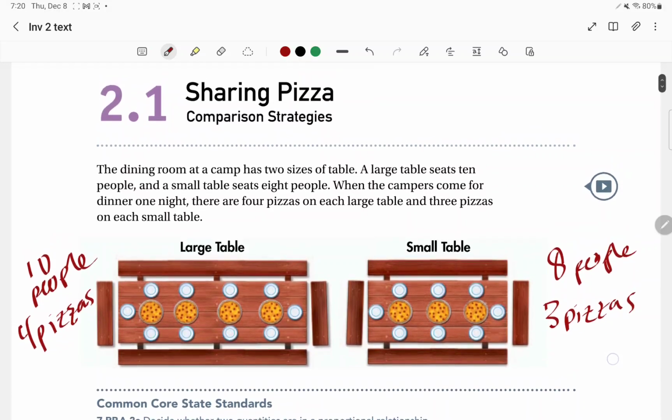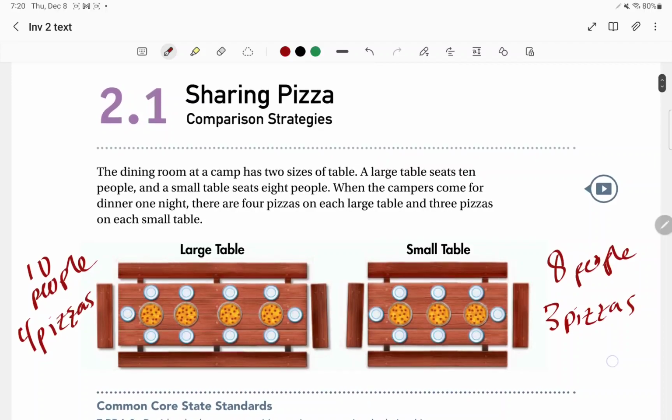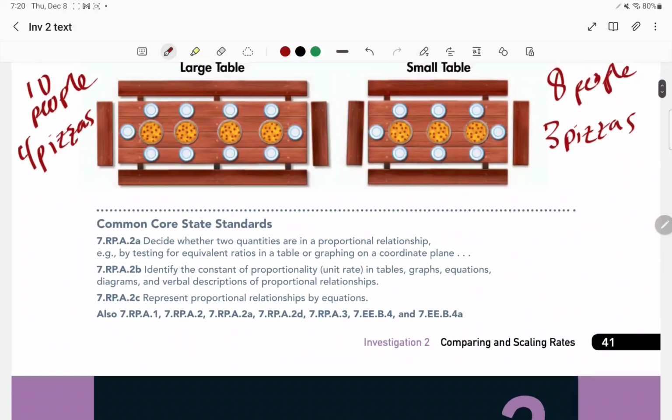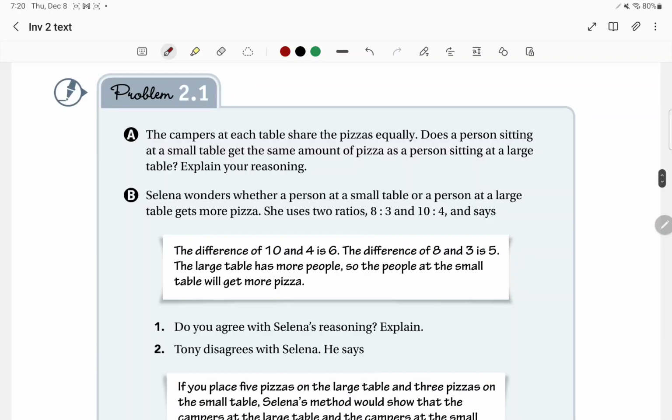Okay, so in this problem, 2.1, we're looking at these tables. So when we answer these questions down here, we're looking at those tables. In part A, it says the campers at each table share the pizzas equally.